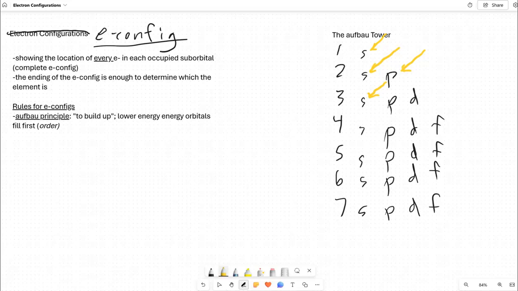Okay, but do the next arrow. When you pick up for a 3P, you don't go to 3D, 4S comes next. So we de facto reasoned that a 4S must be lower energy than a 3D. And one of the ways we can say is, okay, following this on the Aufbau principle, the 4S will fill first before the 3D. So just think of the goofiness of that, right?